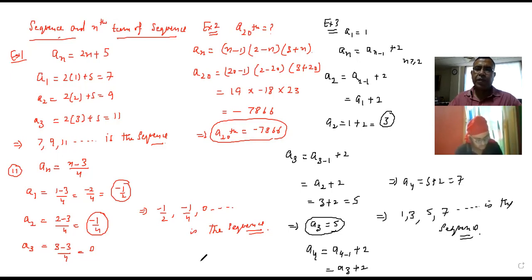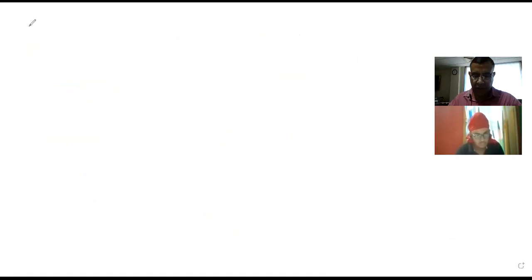So you have to be very clear about the concept. So next is AP, arithmetic progression. The nth term of an AP is a plus n minus 1 times d.